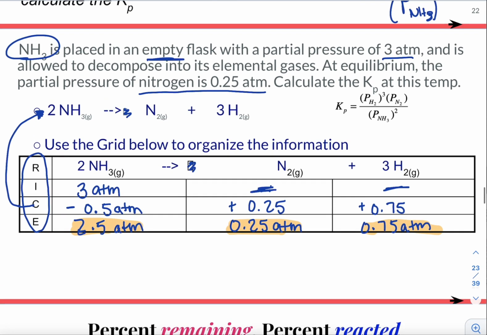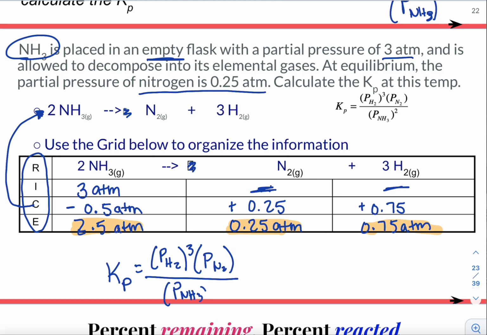Now we can just plug it into here, just like we did on that nice easy one that I said you'll probably never see on the AP exam. So now we just take Kp, we take our equilibrium expression, and plug in our numbers.